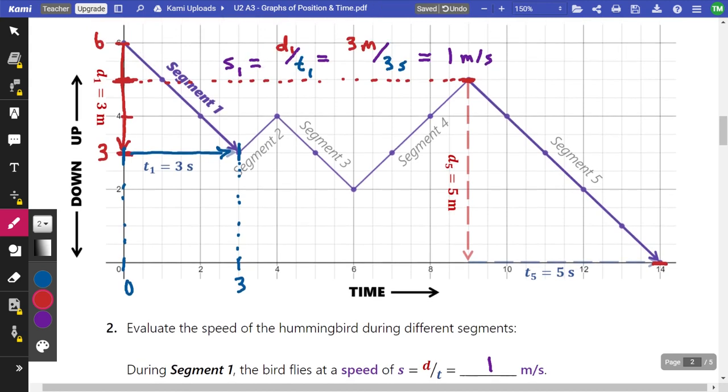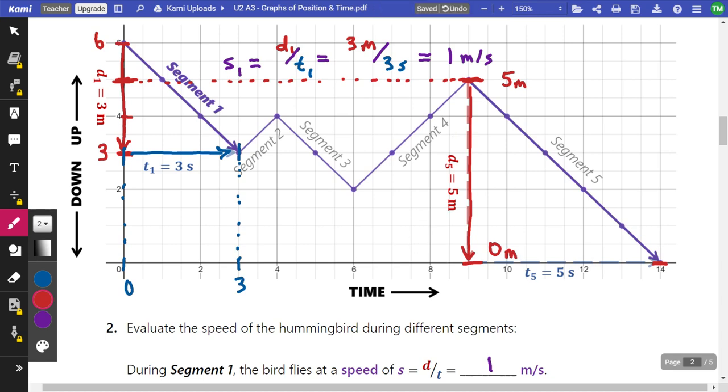So we're starting at a distance of about 5 meters off the ground, and the bird goes all the way down to the ground, which is at 0 meters. So from 5 down to 0, the bird went 5 meters down.